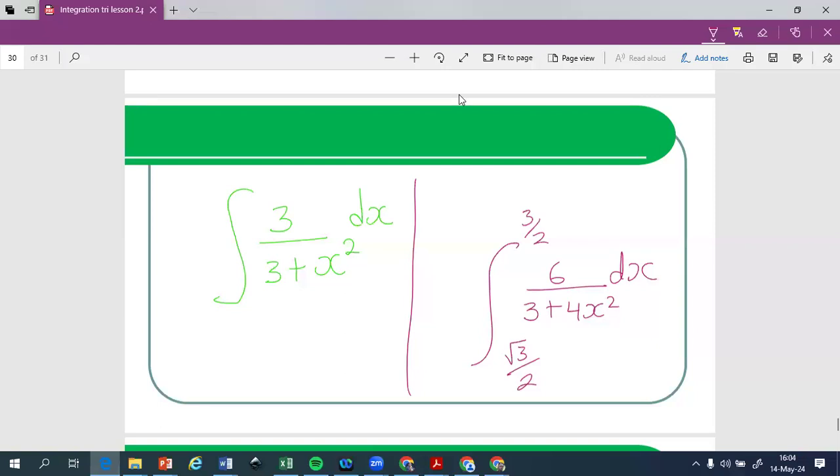Before you put in the limits... the lower limit is root 3 out of 2.